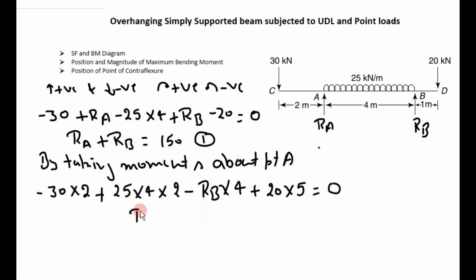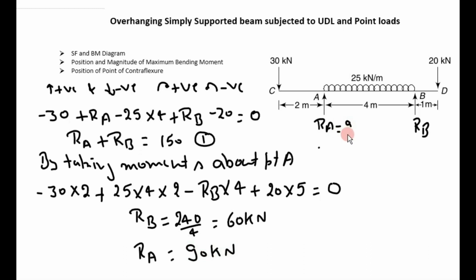So from this we can calculate the value of RB: 240 by 4, that is 60 kilonewton. Put the value of RB in equation number 1, so RA comes out as 90 kilonewton. Now RA is 90 kilonewton and RB is 60 kilonewton.